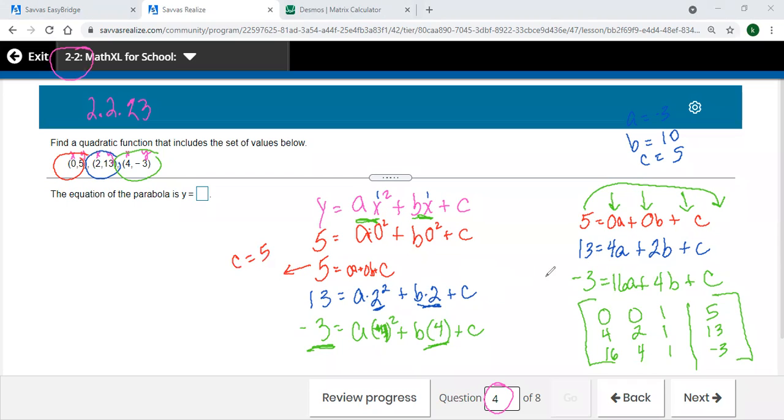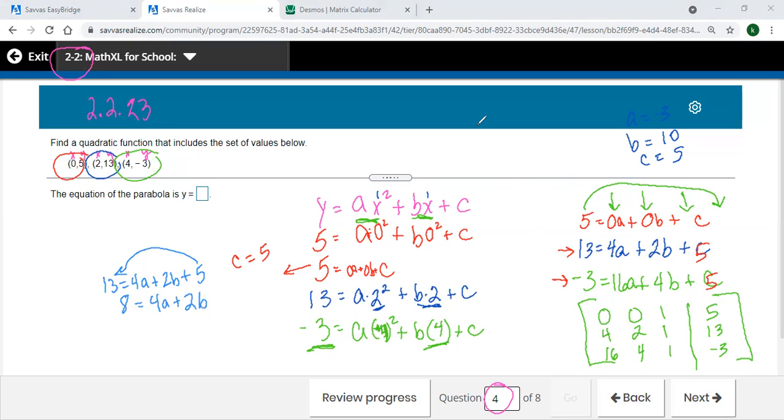So then when you went to the blue one and the green one and you put the C of 5 in there, I'll do the blue one in blue again. That would have given me 13 equals 4A plus 2B plus 5, but then we're going to subtract that 5 to the other side. That'll give me 8 equals 4A plus 2B.